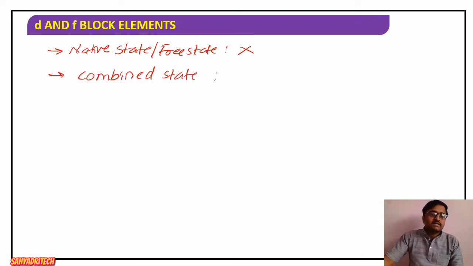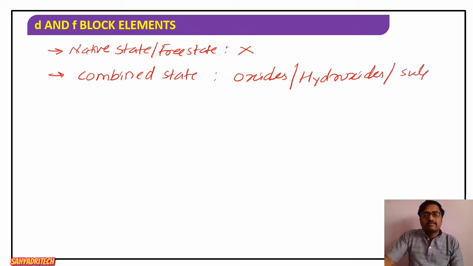It may be available in the form of oxides, or hydroxides, sulfides. These are the possible ways in which the D block elements occur in nature.